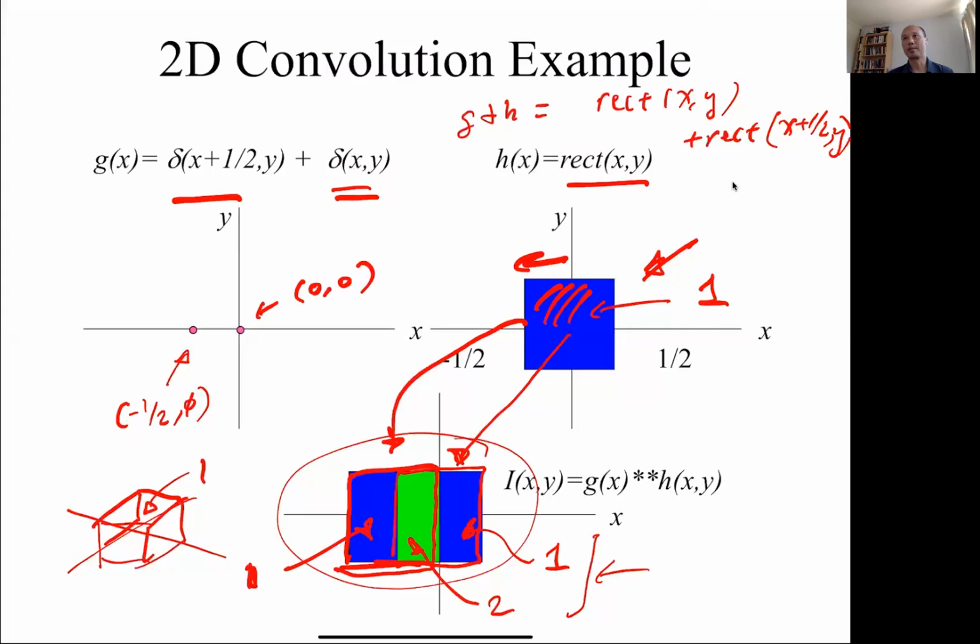So the first rect is this rect here, and the second rect is this other rect here.